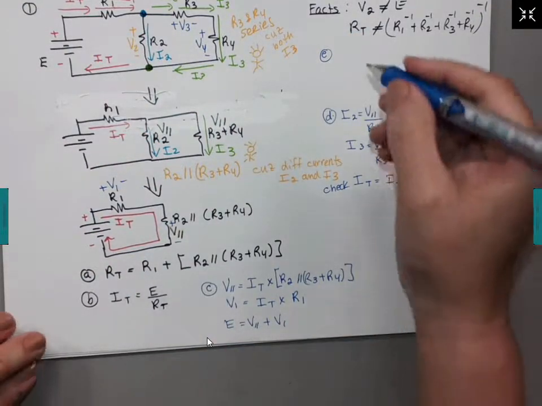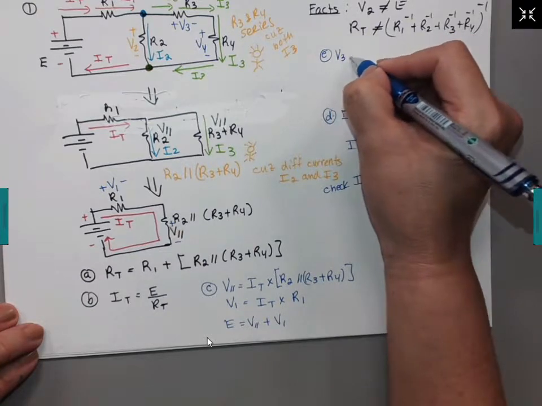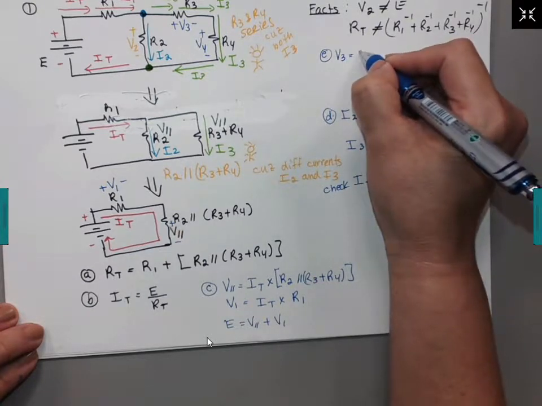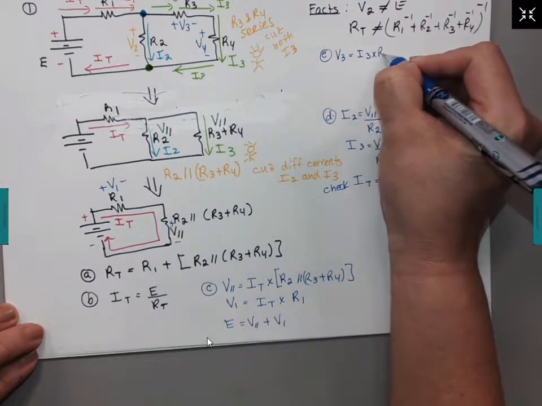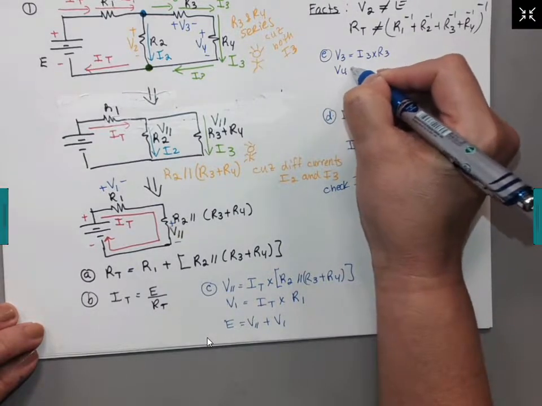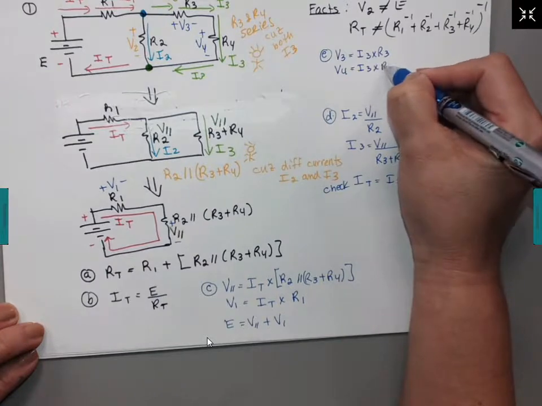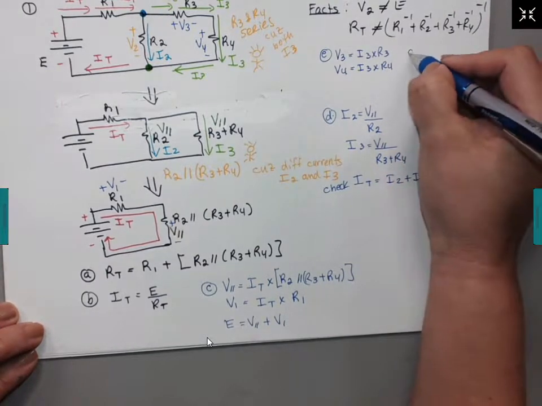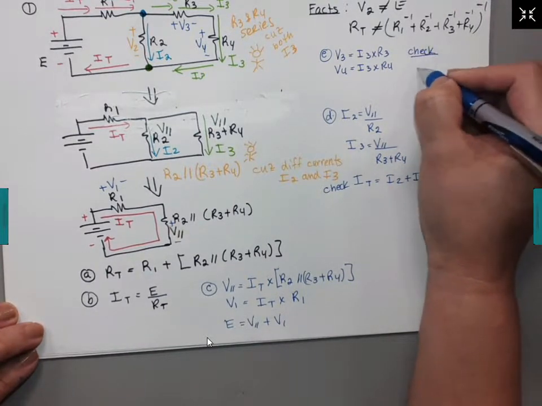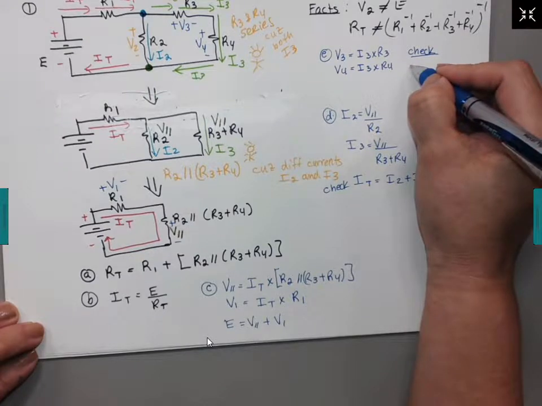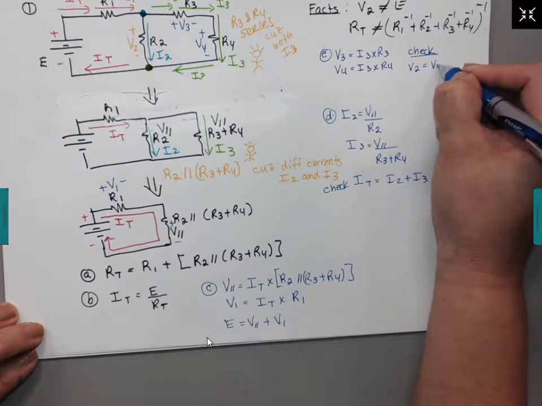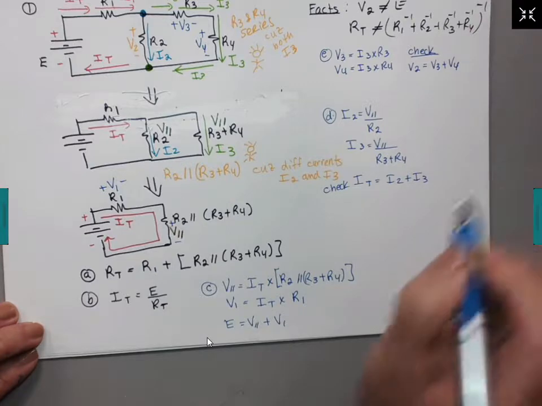Okay, so here V3 would be equal to I3 times R3, and V4 would be still I3 because it's the same current times R4. And then you would check that V2 is equal to V3 plus V4 because they're in parallel.